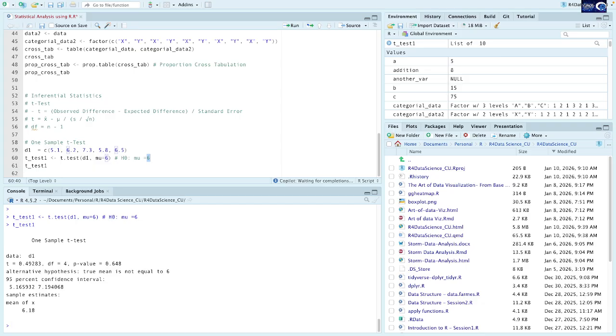Any questions here regarding the interpretation or these basic assumptions and concepts? I was not explaining this in a theoretical way.